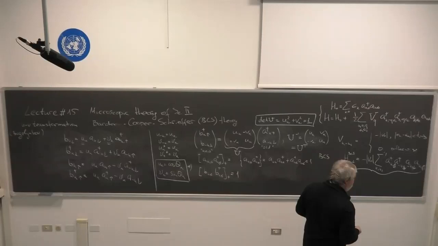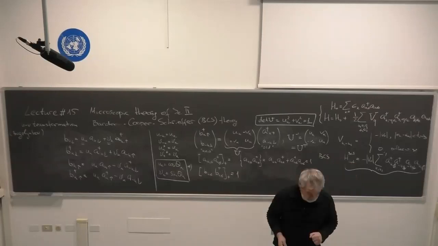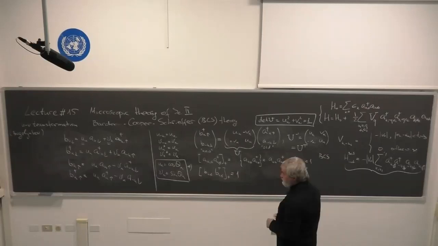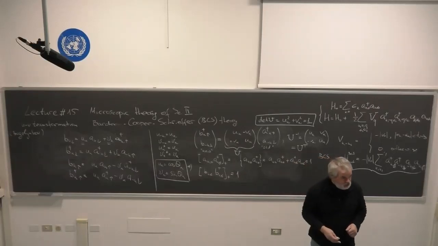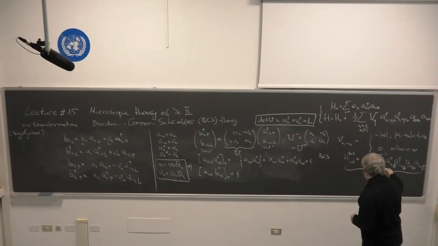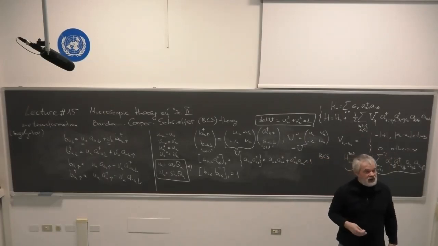Good. Since I know my inverse matrix, I can write down my old variables expressed in terms of new variables, plug them into the Hamiltonian, and write down my approximate Hamiltonian in terms of new variables B. This is what I'm going to do during the next minutes.